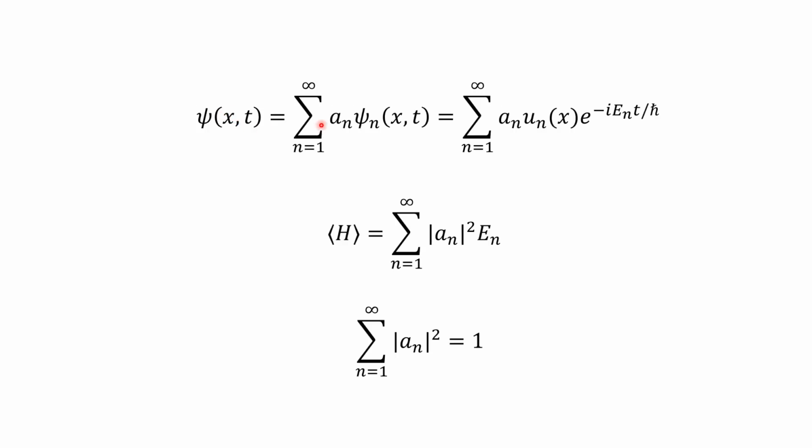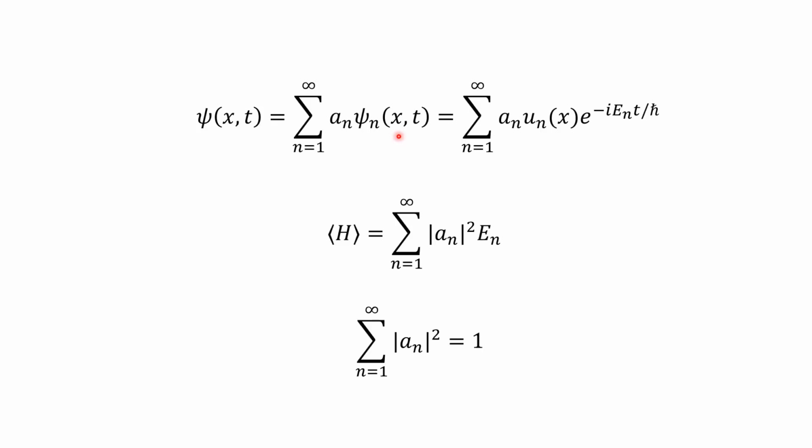Now the wave function can be written as a linear combination of the wave functions which are the solutions for E_n. Each individual wave component is psi_n, with expansion coefficient a_n. That is, the total wave function can be written as a linear combination of many wave functions, where n runs from 1 to infinity.